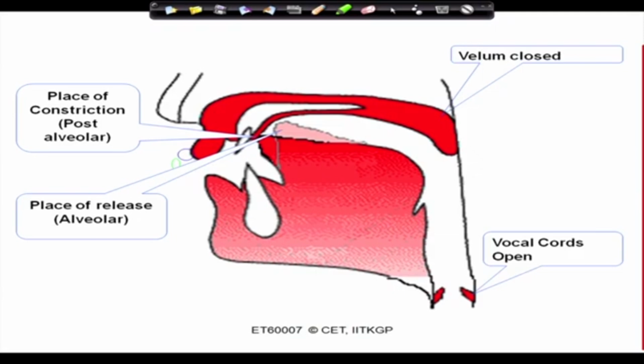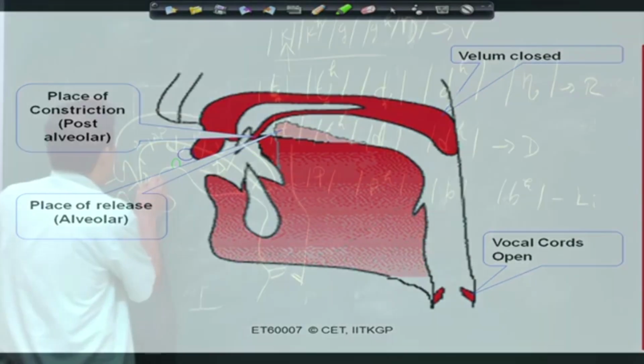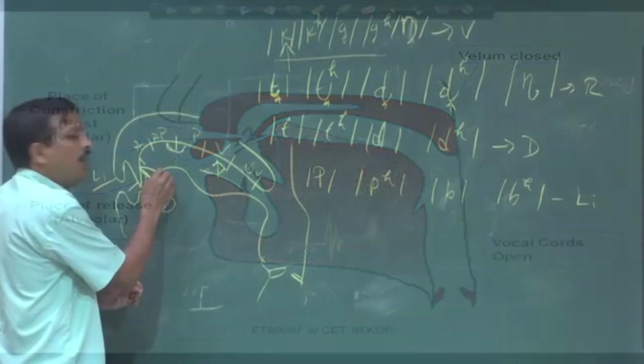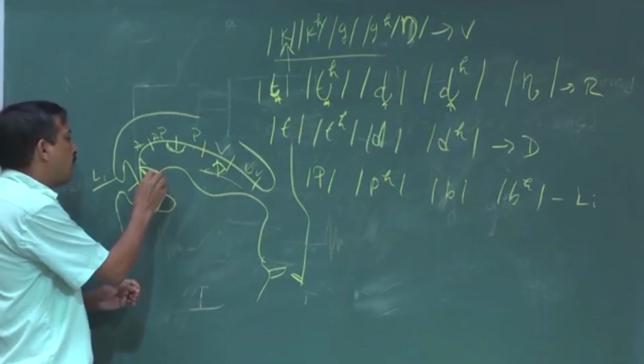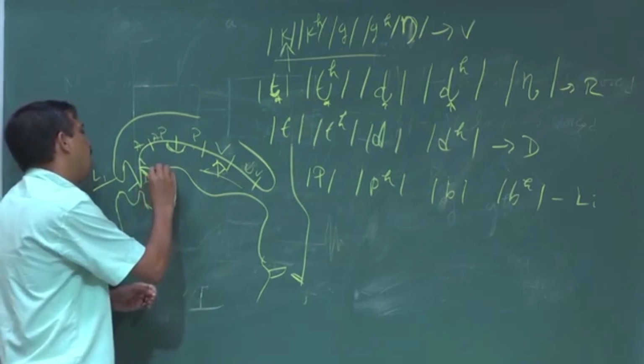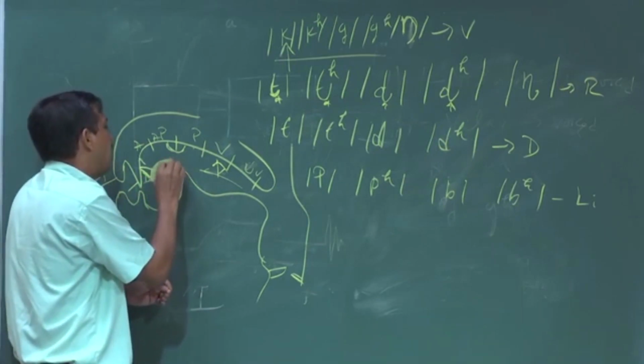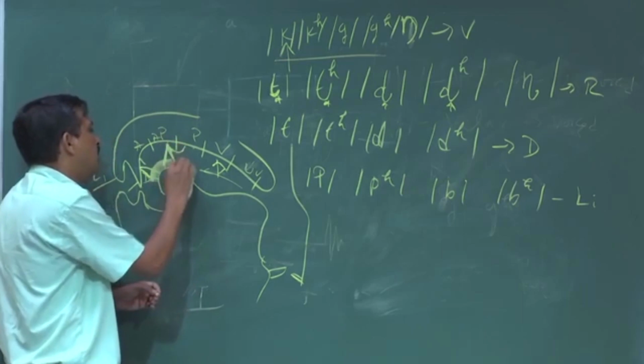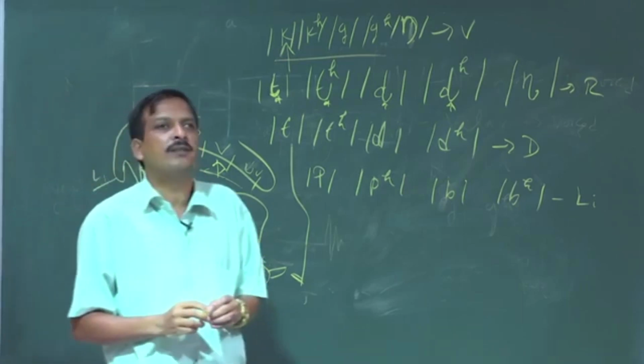So, the tip of the tongue touches the dental region to produce the plosive part, and after the plosive, the tongue is curled, pushed back and touches the post-alveolar region to produce the friction.